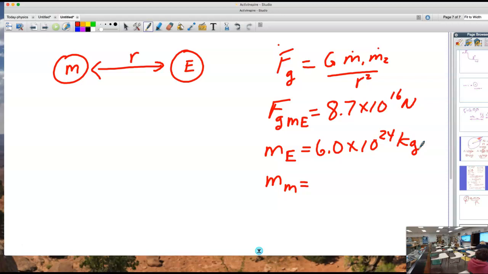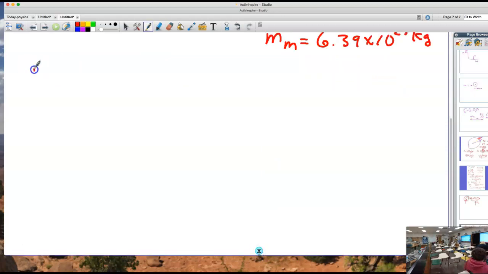Should Mars be bigger or smaller than the Earth? Smaller. There you go, Mars is smaller. The mass of Mars is 6.39 times 10 to the 23rd kilograms. Okay, so we'll go back to our formula.